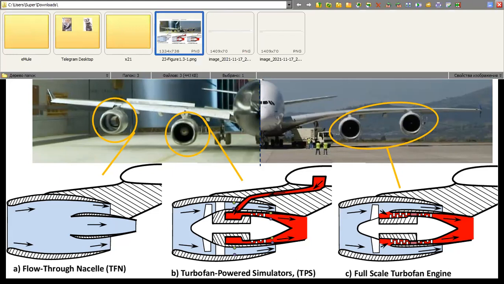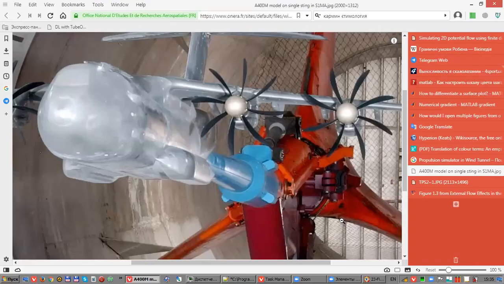So about disk loading factor, I think we can do a small sketch. For example, this wing. And we have a turboprop engine in the front part of the wing and a propeller. And this propeller increases the speed of air.